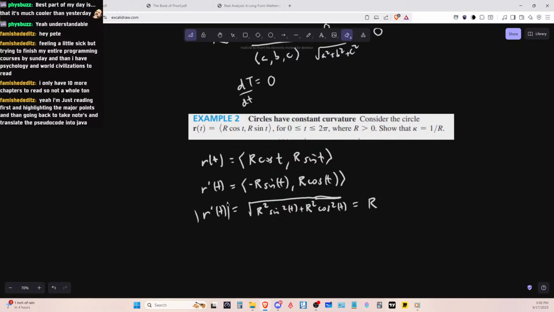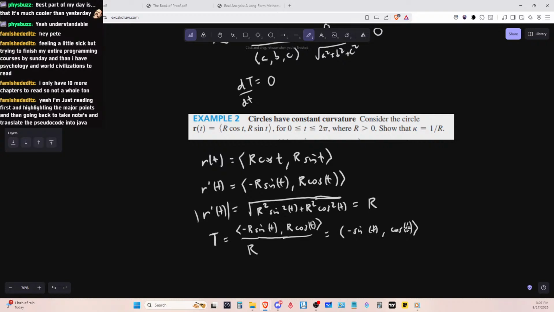So in that case T is equal to r over r, which turns out to be negative sine and cosine.